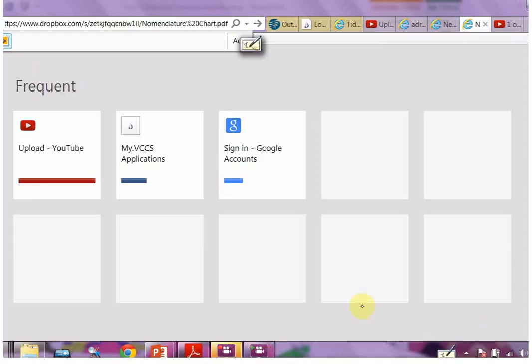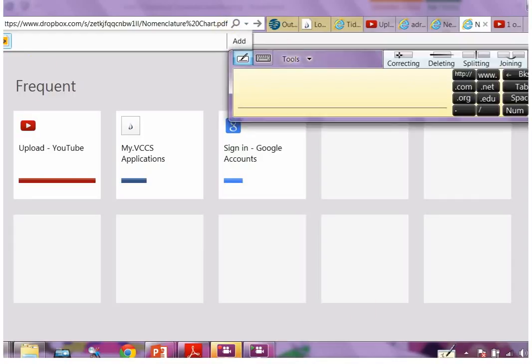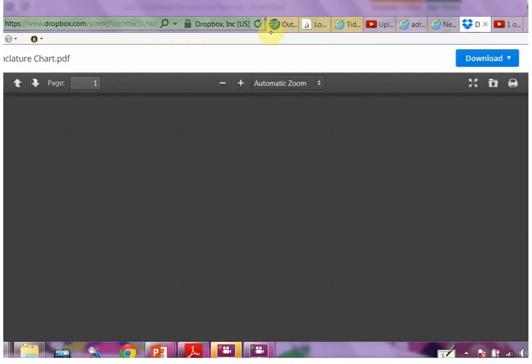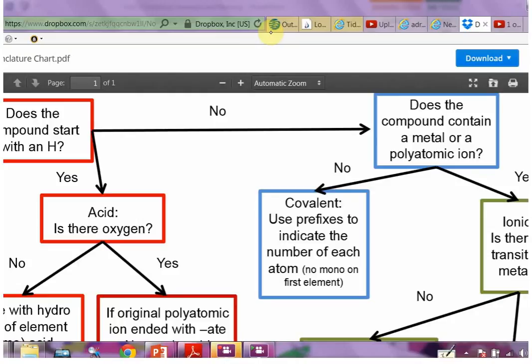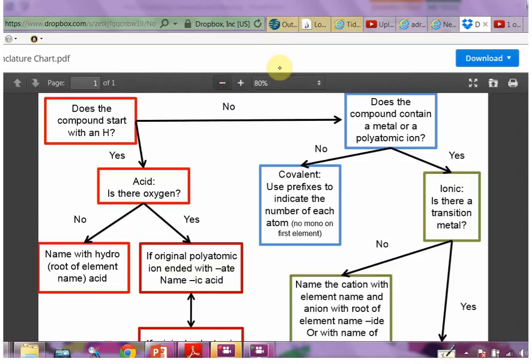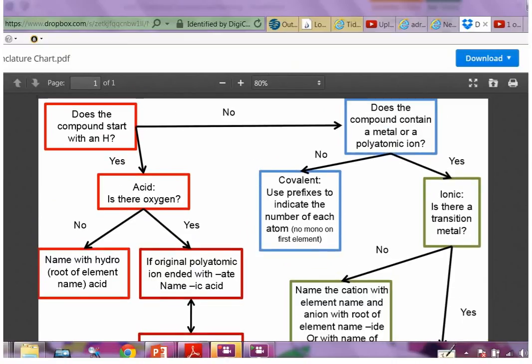All right, so guys, if you open this link, what'll happen, there we go, is you should get a nice little flow chart. I have two. I have one for formula writing and one for determining the name. So if the compound starts with an H, it's going to be an acid. And so you then look, well, is there an oxygen? No, well then you name it with the root of the element name, ic acid.